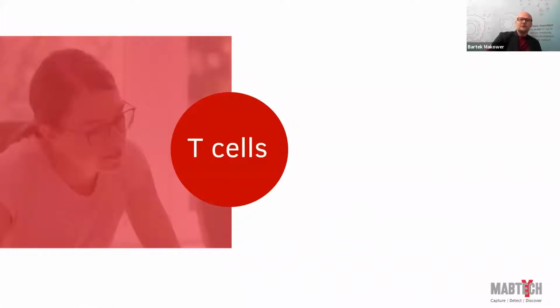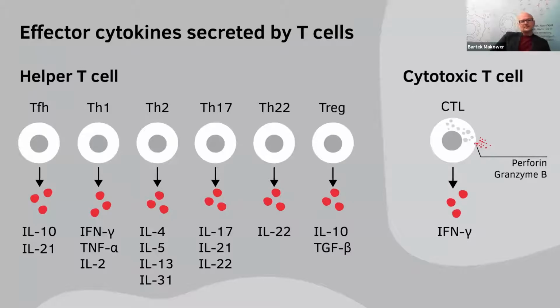A little bit more about T cells. So T cells secrete effector cytokines. And on the left, we have CD4 T cells. So all these are different groups of CD4 T cells.